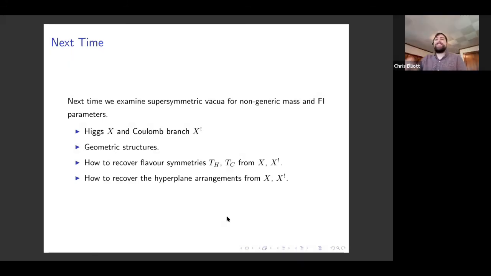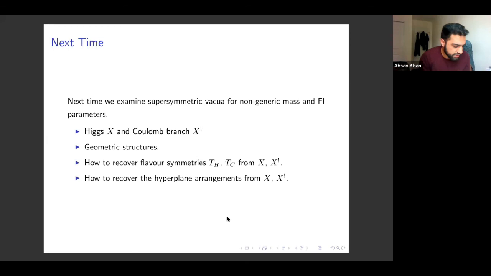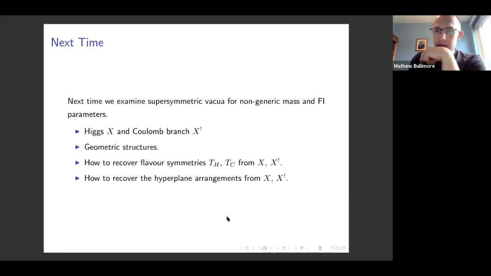Yeah. So I was wondering how much of this discussion carries over to, let's say, sigma models. Yeah, that's a great question. In some sense, that's pretty much what I'm going to talk about next time.